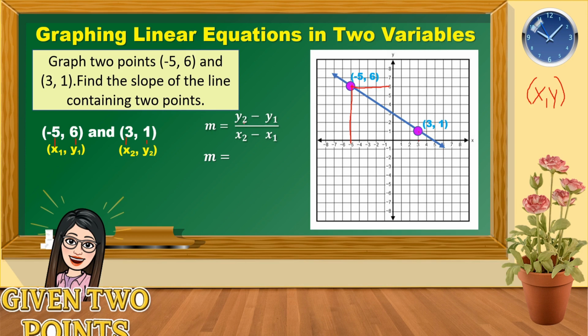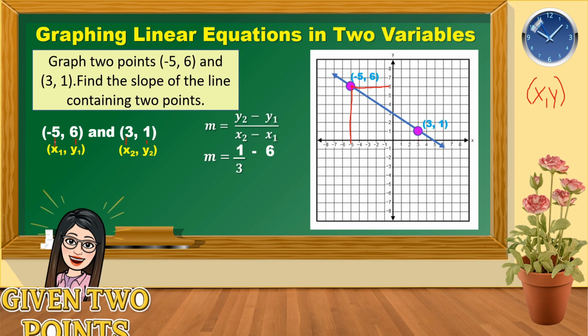M equals y sub 2. The value of y sub 2, as you can see, ito siya, nakatapat siya sa 1. So, y sub 2 natin is 1 minus y sub 1, which is 6. So, we have 1 minus 6 as our numerator all over x sub 2 natin, guys, is 3. So, over 3 minus x sub 1.